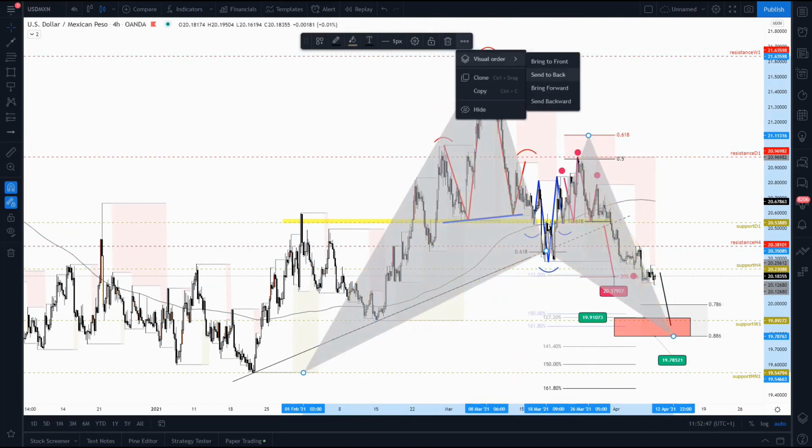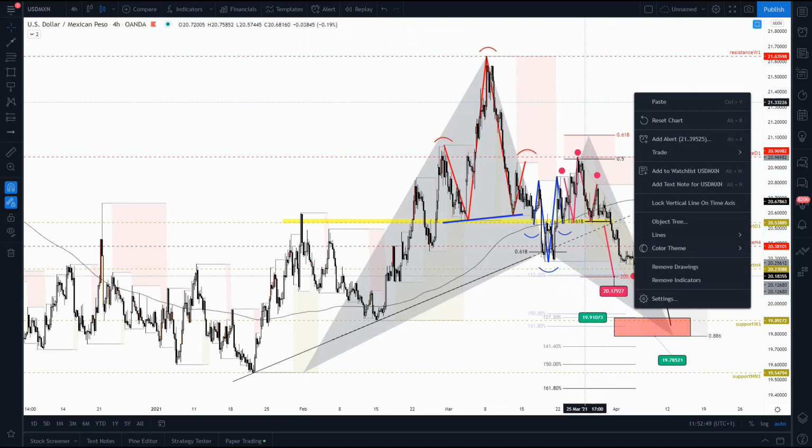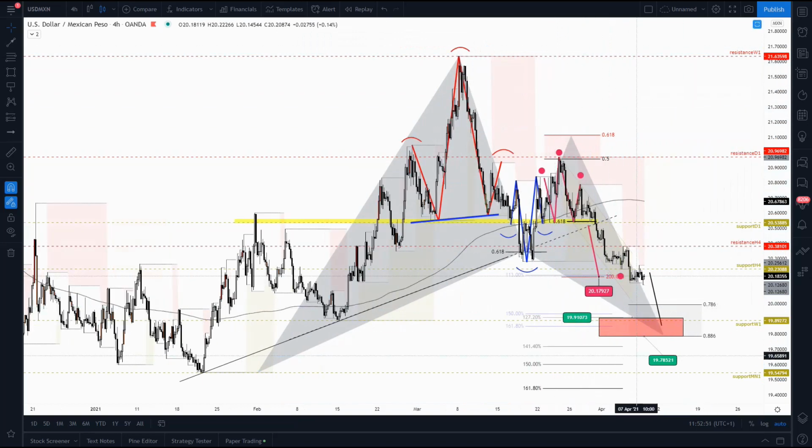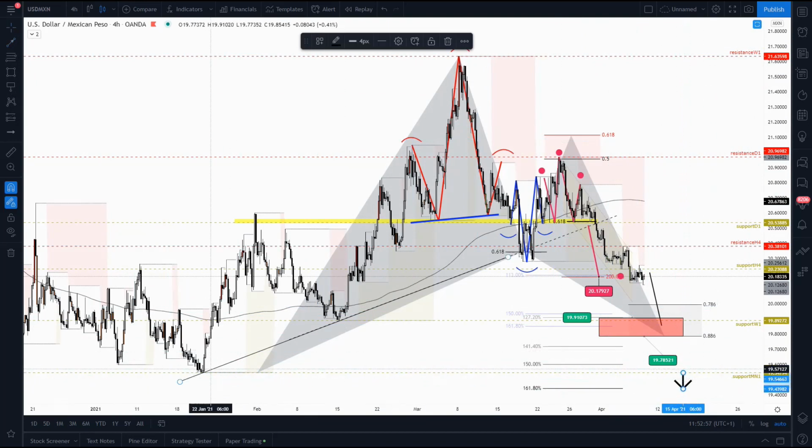And it's important for both of the patterns, in order to invalidate, they need to break below the monthly fractal, the previous structural lows, the starting point of the pattern.